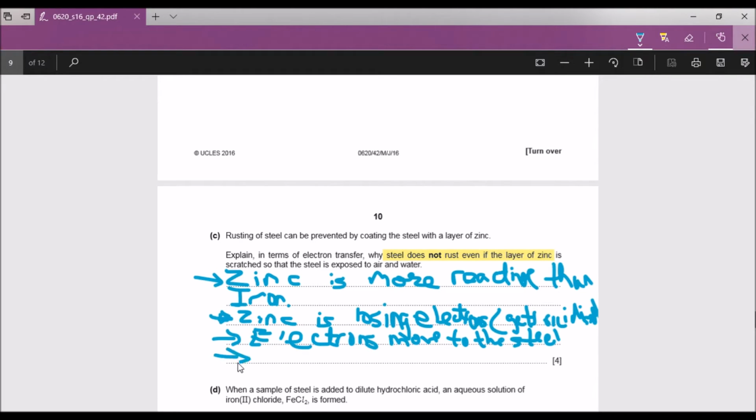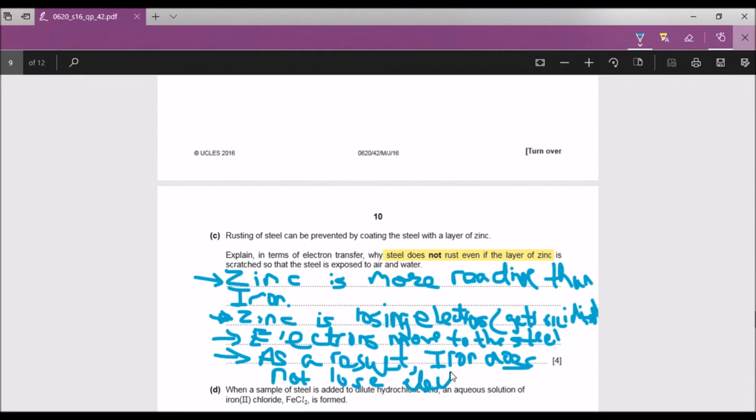And the final point is, as a result of this, the iron does not lose its electrons because it has extra electrons.